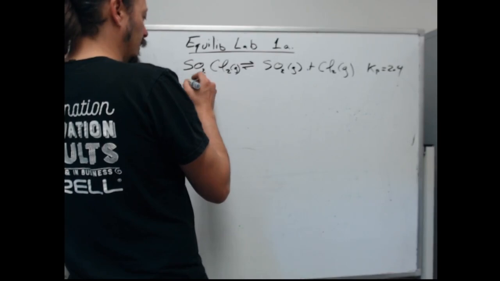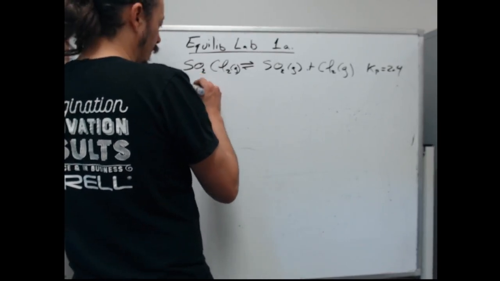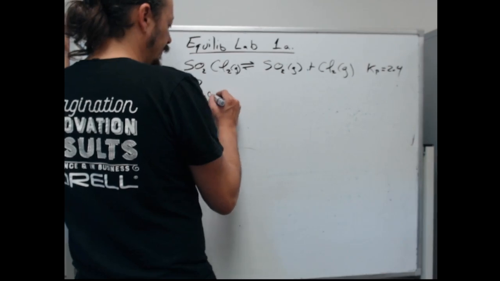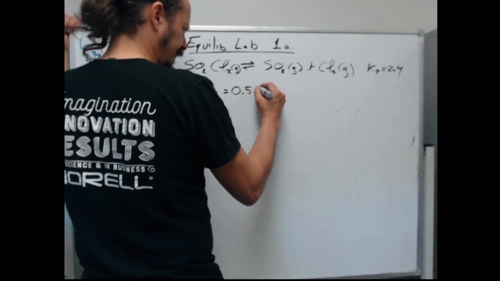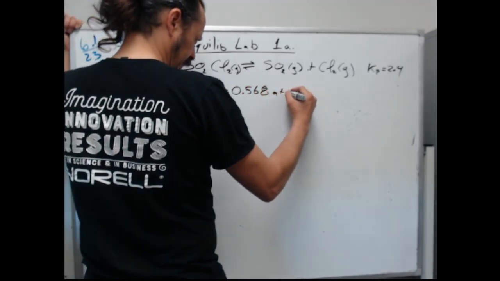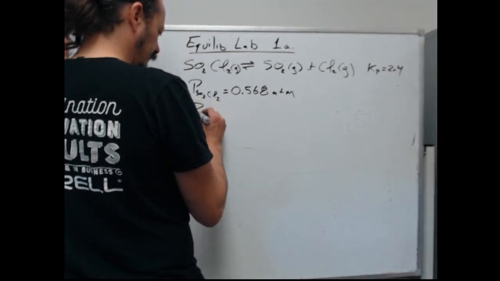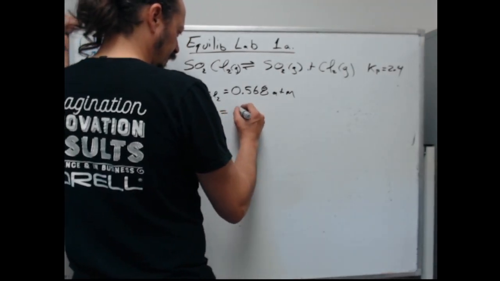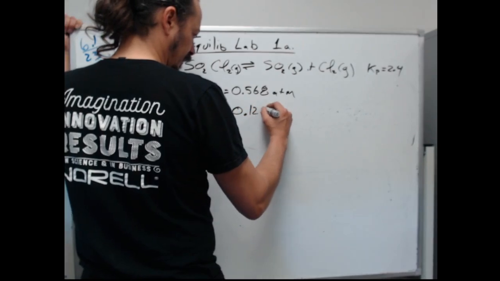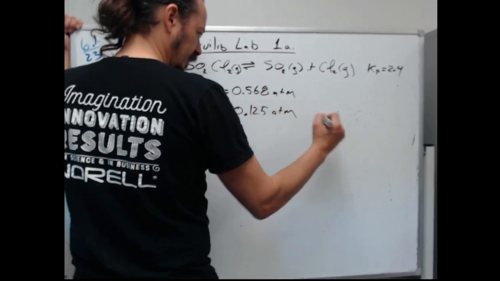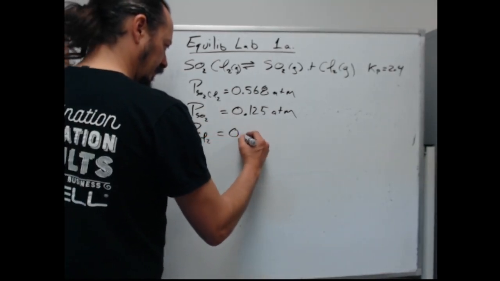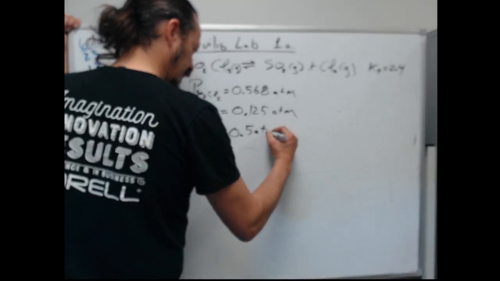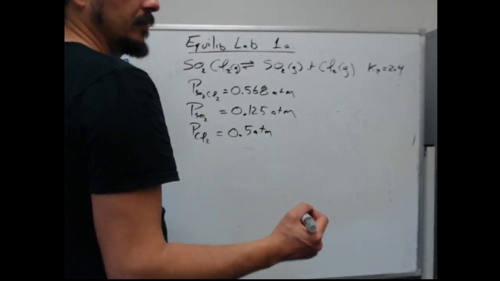And then it gives you PSO2Cl2 equals 0.568 atm, PSO2 equals 0.125 atm, and PCl2 equals 0.5 atm. And then you have to choose between left, at equilibrium, or right.